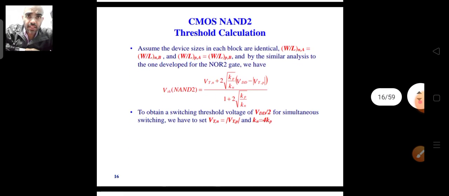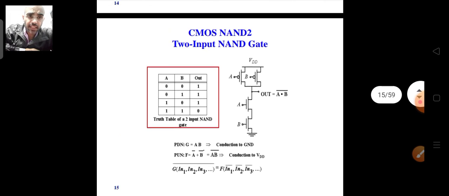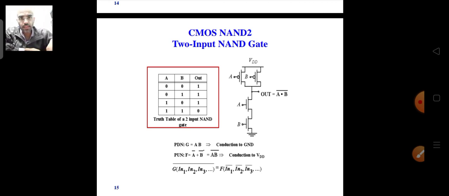If you want to find the threshold voltage of the NAND gate, the logic is the same. At VTH, both the PMOSs will work in the saturation region, whereas one NMOS will work in the linear region and the A NMOS will work in the saturation region.